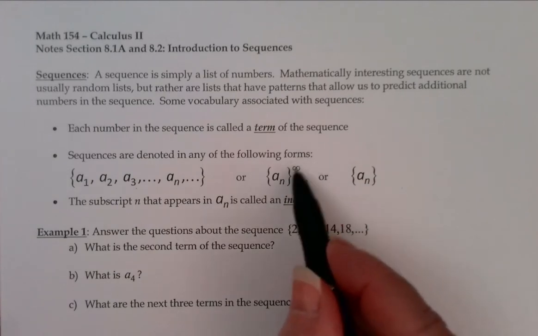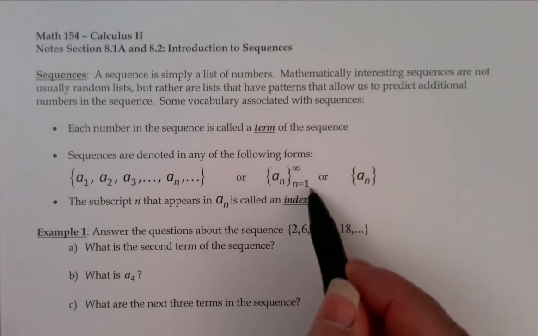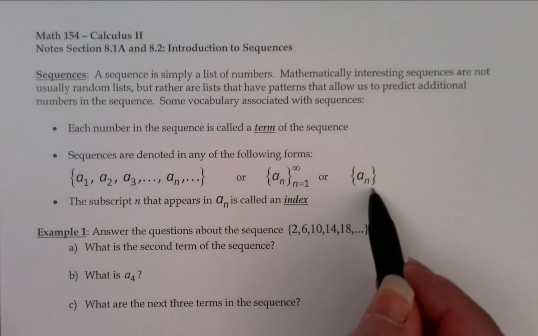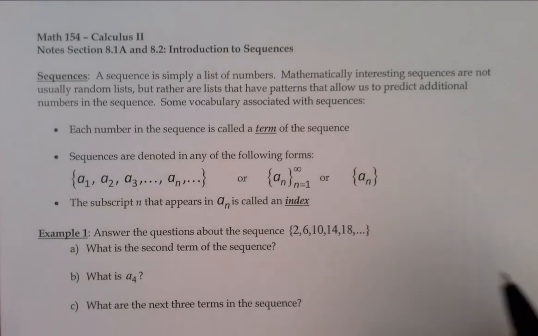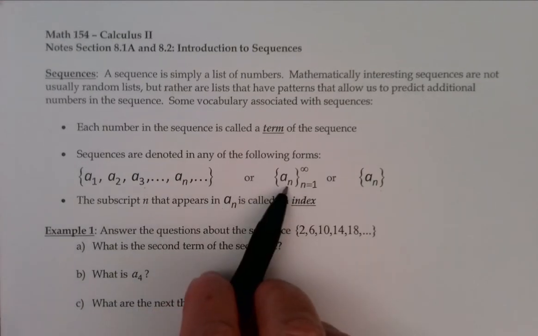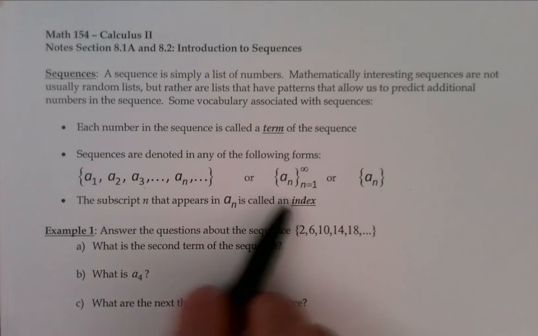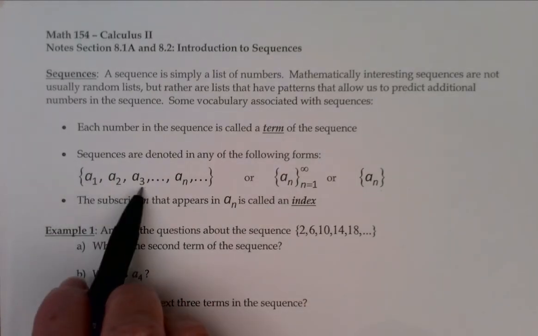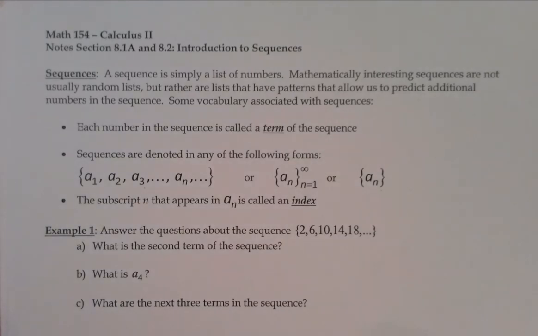Oftentimes, because it's understood that we start with our first term and we go on forever, we sometimes just leave that off and use the shorthand notation, just the set of a sub n. That little subscript n that appears is called the index. So you have an index of 1, an index of 2, and 3, and so on.